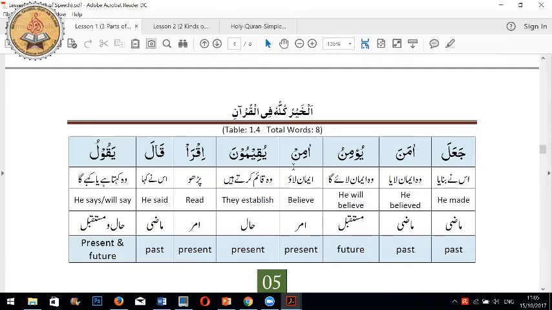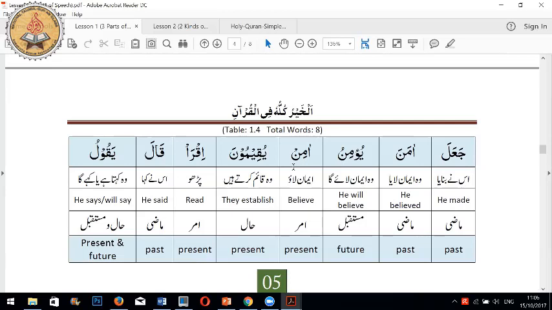Okay, so ja'ala means he made, usne banaya, he made, meaning the third person male made. Ja'ala means made. Okay, and many times this word has come in the Quran.